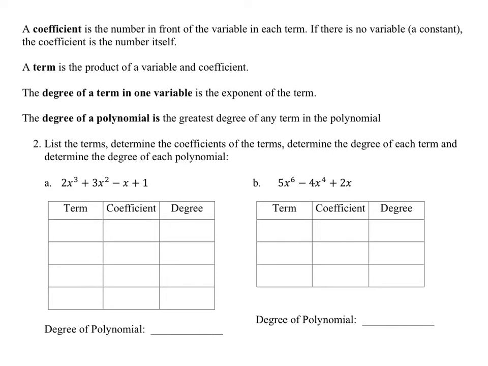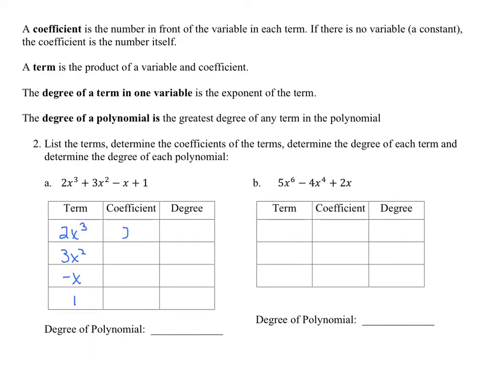So we're going to list the terms, determine the coefficients, determine the degree of each term, and then determine the degree of the polynomial. So in this first one here, the terms I'm just going to list down. Terms are separated by addition or subtraction sign.